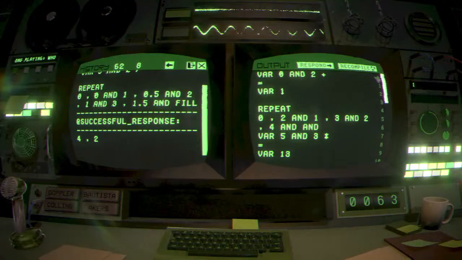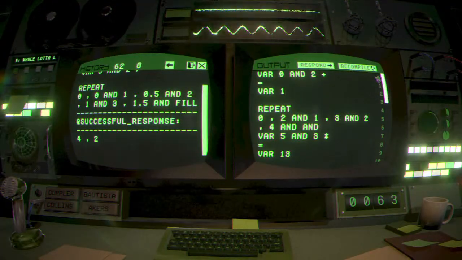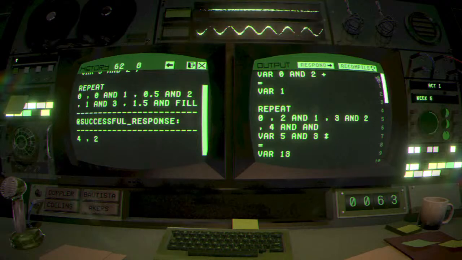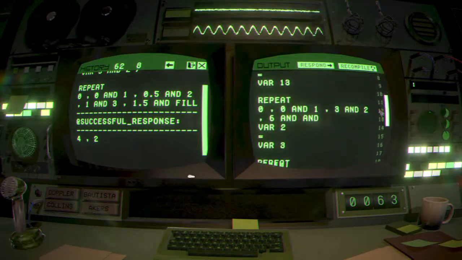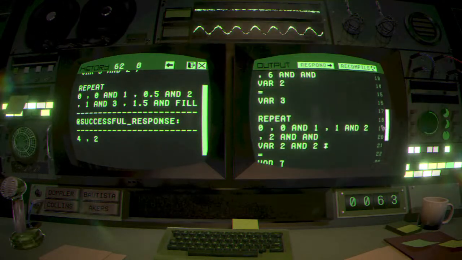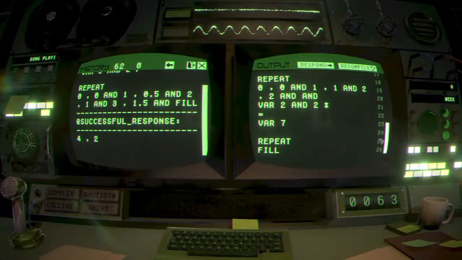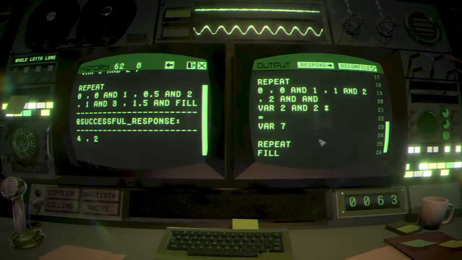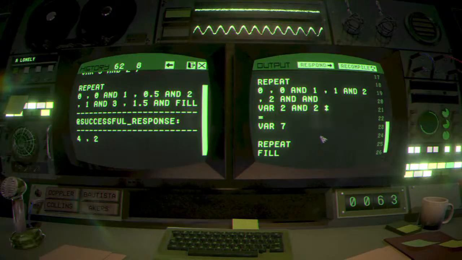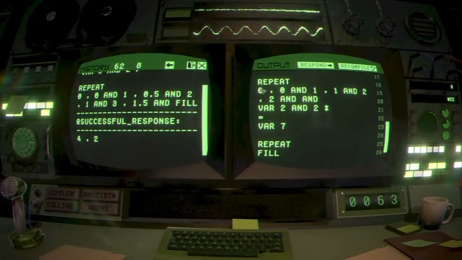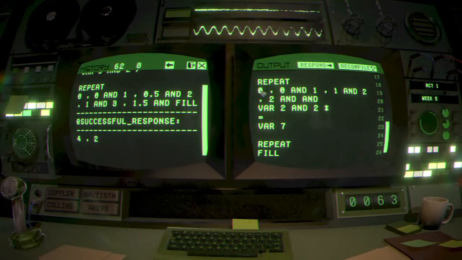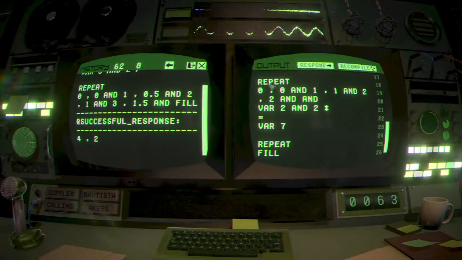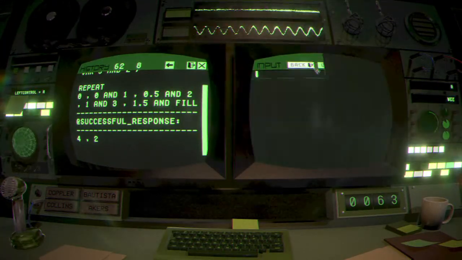So for all of them, it's 0, 1, 0, 2, 1, 3, 0, 1, 2, 0, 1, 2, 0, 1, 2. So I would do 0, 0, 1, 2, 2, 4, and end.